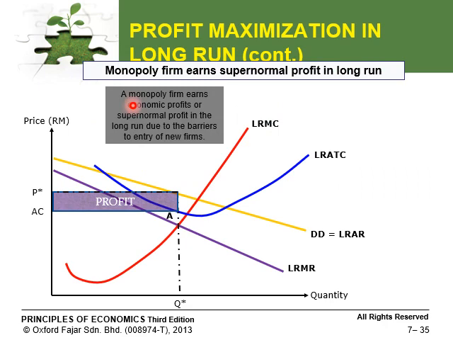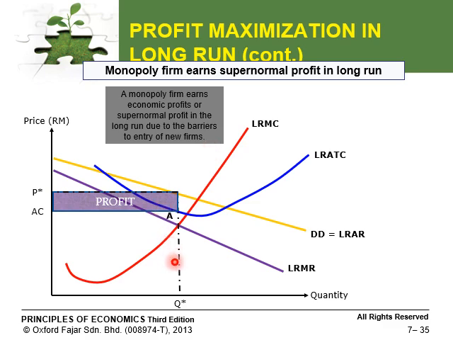Then for the long run, as I have shown you, the monopoly market will make a supernormal profit. In other words, they are making profit in the long run due to there being no other competitors in the market. So they are enjoying the monopoly privilege, and that makes them profitable in the long run.